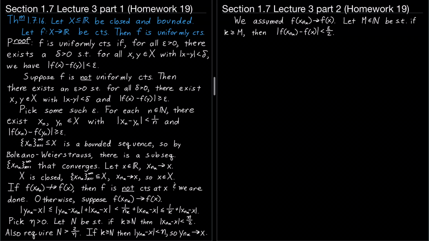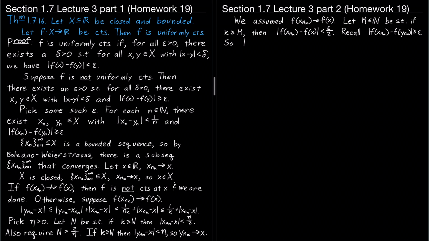Remember, epsilon is the number we picked at the start. It's the number where |f(y_{n_k}) - f(x_{n_k})|, that thing is always at least epsilon.